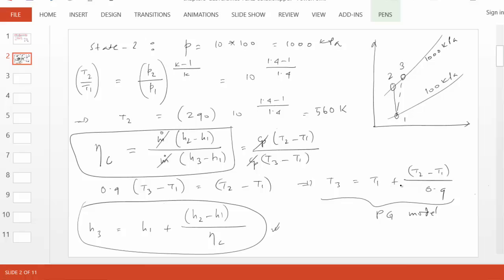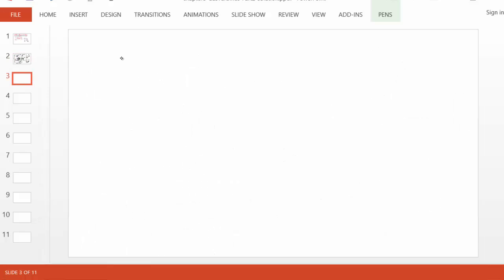Anyway, to solve the problem manually, we will use this relationship for the PG model. T1 is known, T2 is known. Plugging them in, we get T3 approximately 590 Kelvin. Now that we know T3 and T1, we can quickly determine the compressor power.